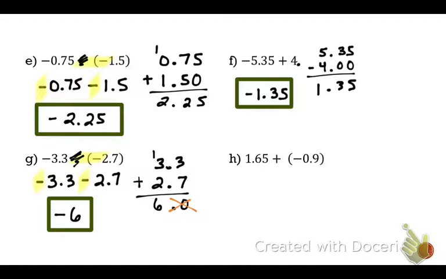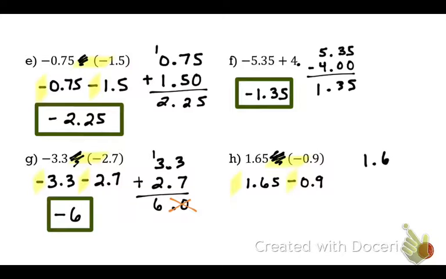Next up, 1.65 plus -0.9. We're going to rewrite it, and remember with those double signs, we're going to get rid of the positive. That's our rule that we learned about eliminating double signs, minus 0.9. All right, same sign or different sign? Different signs. This is a positive, this is a negative. We're going to subtract them.